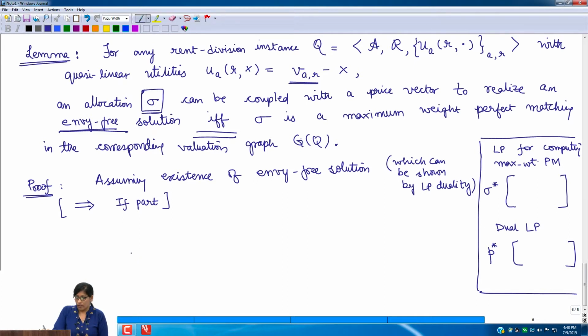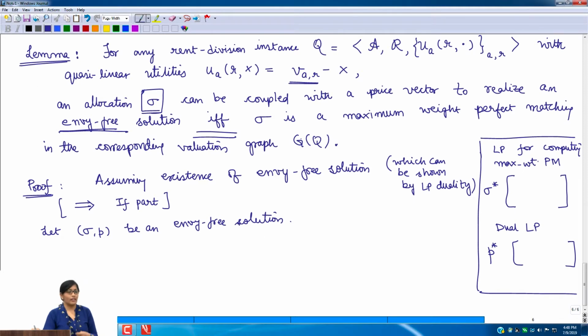What I am assuming is, let sigma comma p be an envy-free solution, and I need to prove that sigma is a maximum weight perfect matching for this graph G_Q.